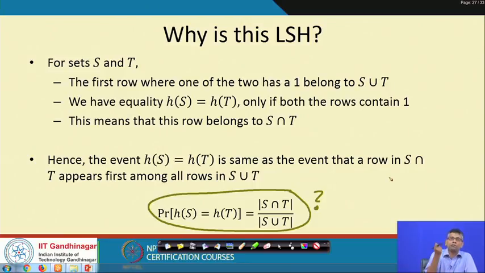There are S intersection T rows, so the probability of any one of them being the first among the S union T rows is exactly S intersection T divided by S union T. If you have 3 rows in S intersection T and 10 rows in S union T, in a random permutation, the probability that one of those 3 is the first among these 10 is exactly 3 upon 10.